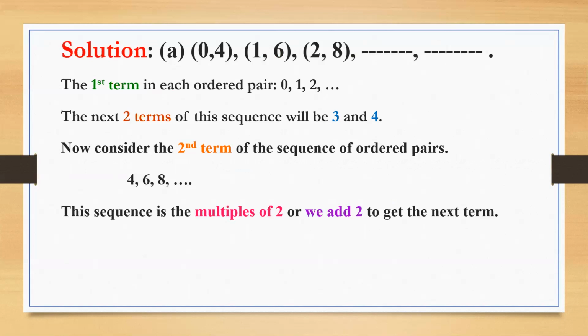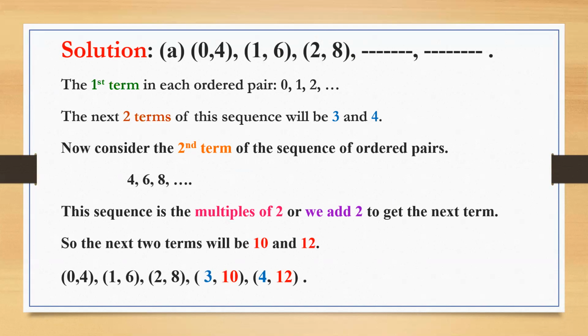Here we have a sequence of multiples of 2, or we can also add 2 to get the next term. So the next two terms will be 10 and 12. Finally, we will have (0, 4), (1, 6), (2, 8). The next two terms will be (3, 10) and (4, 12).